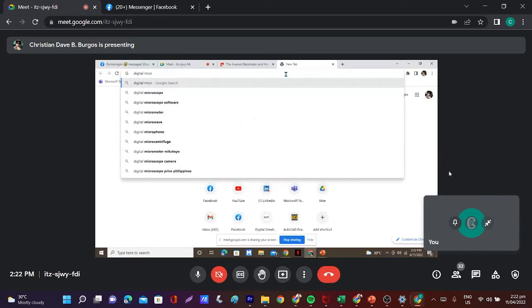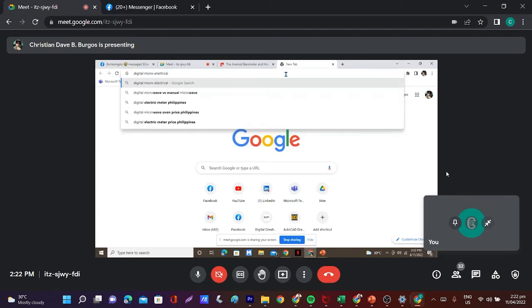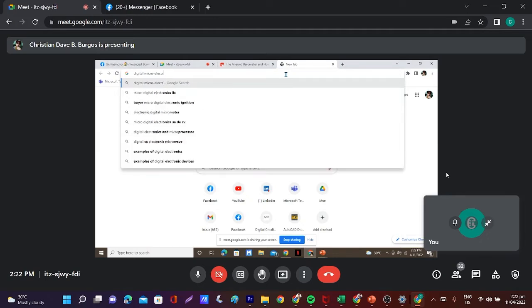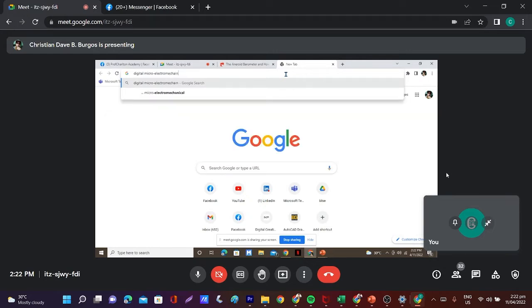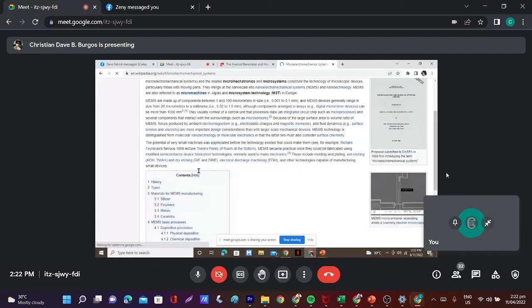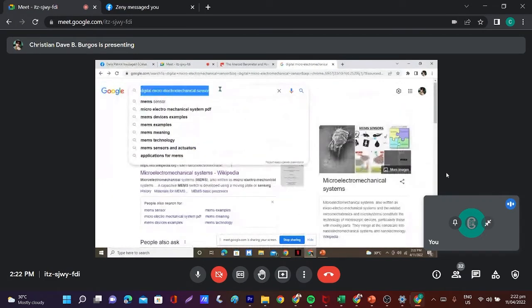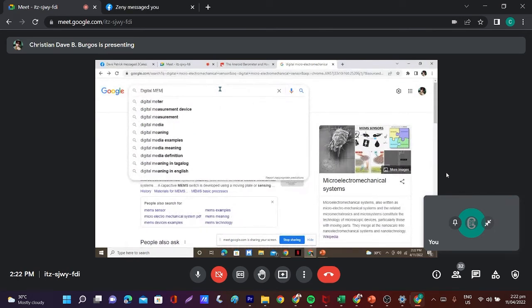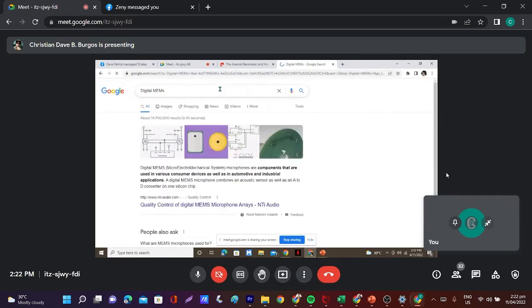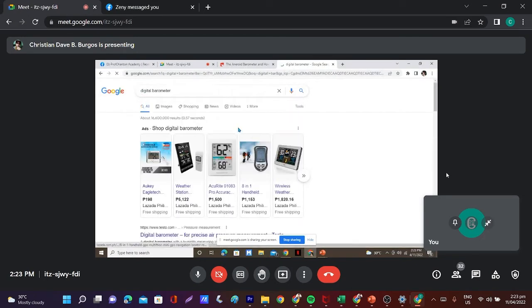Digital electrical mechanical sensor. Opo, yun nga po, digital. Ito. Okay po.